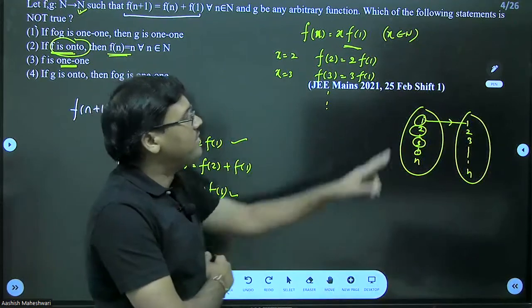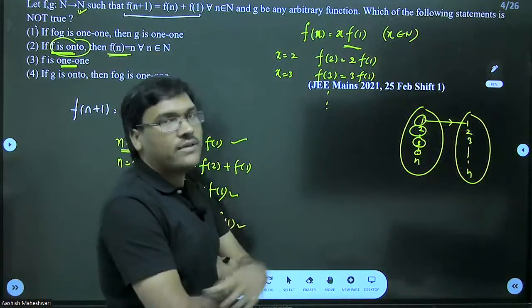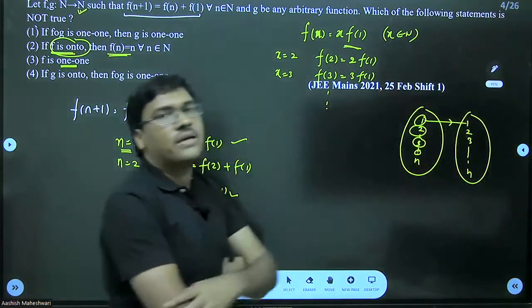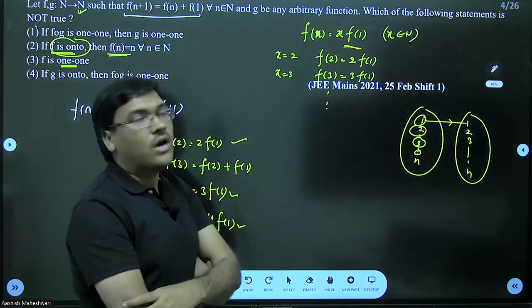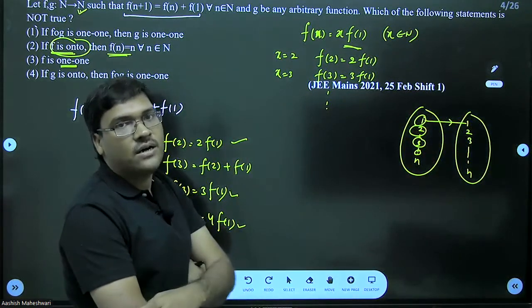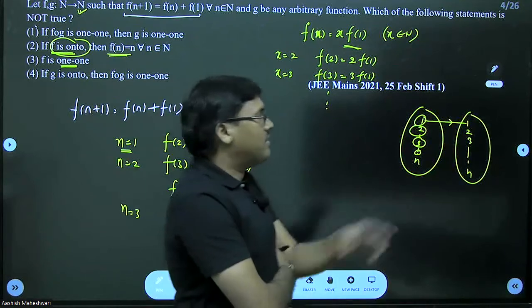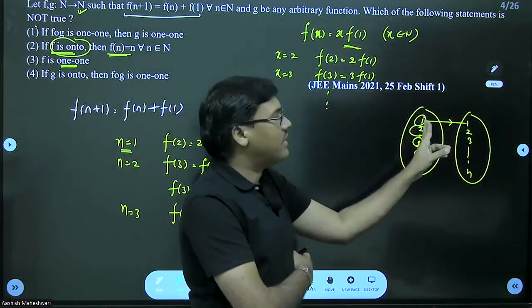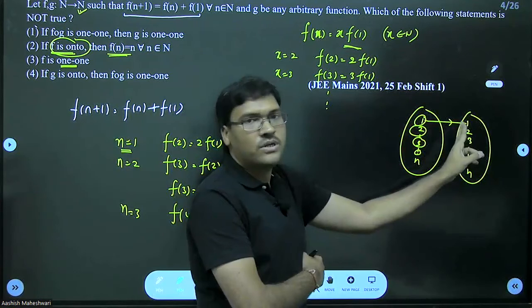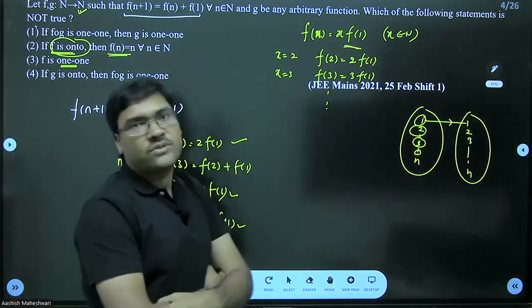Understand this point, that only at x is equal to 1 will the value be 1, it has to be 1. Otherwise, this function cannot be an onto function, right? Because other than this, no values are possible for 1, for f of 1, right? f of 1 can have only 1 possibility, nothing else is possible.